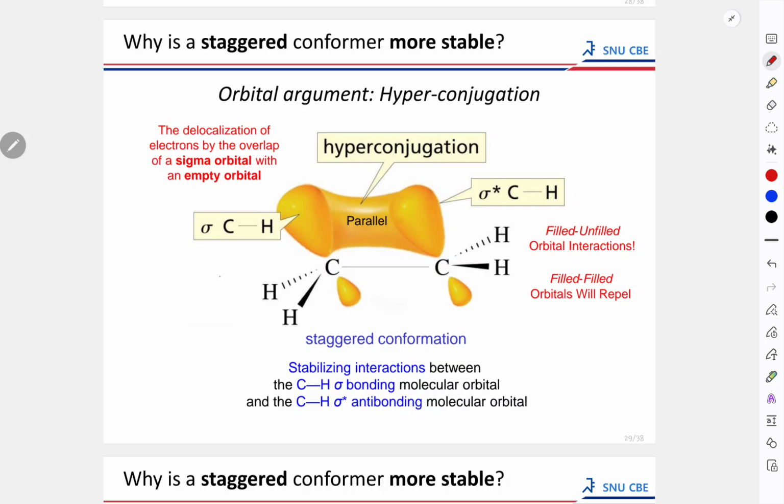You can imagine there is a bond between carbon and hydrogen here and there, so there must be a bonding orbital between carbon and hydrogen. But in this case, your bonding is here, so you can imagine that on the opposite side, there's a sigma anti-bonding orbital, which is empty.